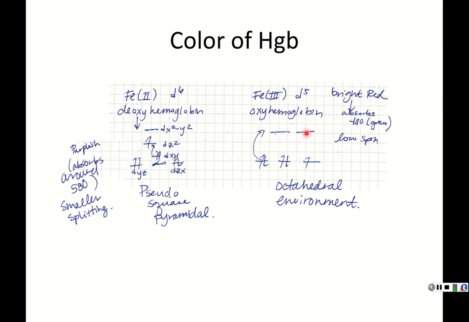This splitting, because it's octahedral, even though it's low spin, is higher in energy than this splitting. So it's absorbing light that's higher in energy. It goes from 580 to 480. So the color that it's giving off is a brighter red color. So that's a way we can use coordination chemistry to explain the differences in the color of oxygenated blood versus deoxygenated blood.